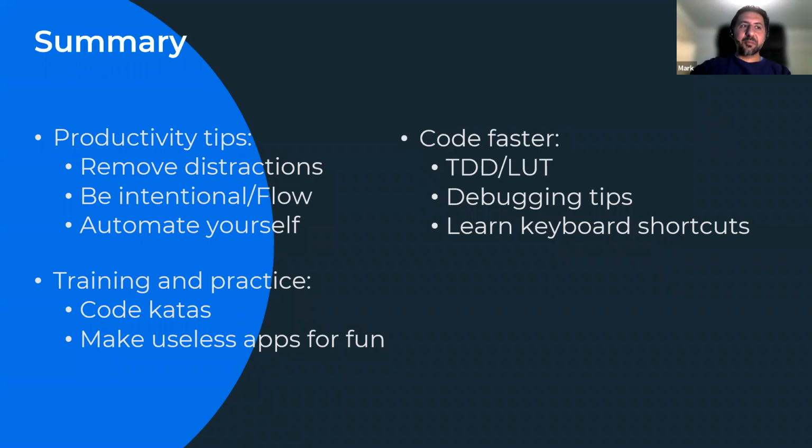So in summary then, what have we covered? We talked about productivity tips. These are things like removing distractions, being intentional. That's focusing on what you want to achieve for the day rather than letting your day run your day. We looked at automating yourself.